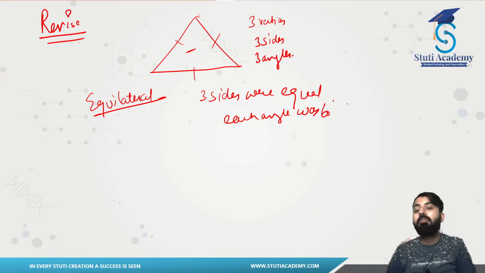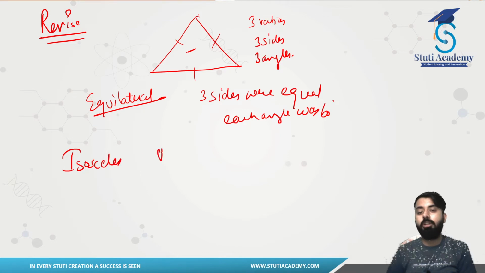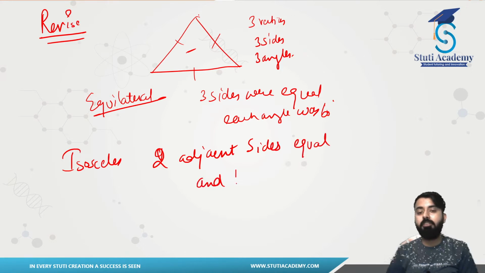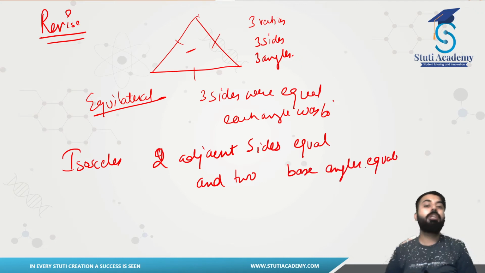Then we had the case of isosceles, in which we had two adjacent sides equal, and two base angles equal, or you can say angles opposite to equal sides were equal. That was the case of isosceles.